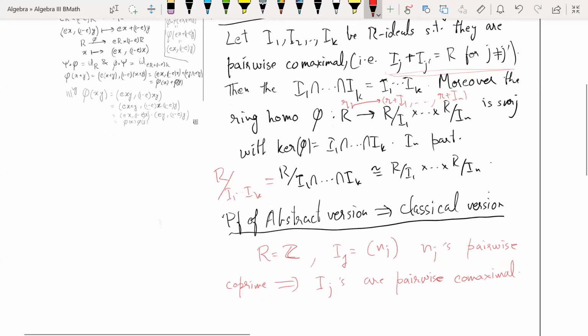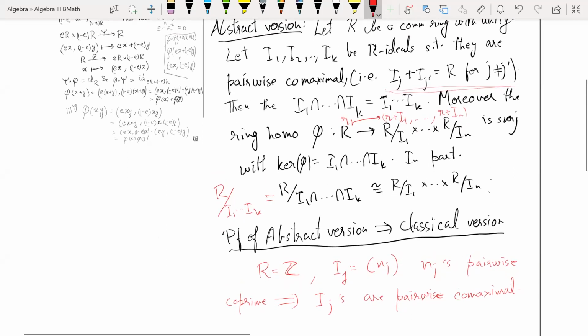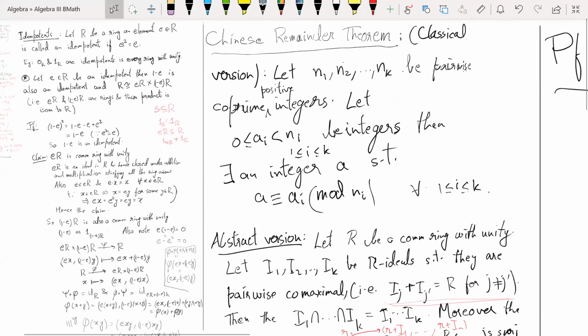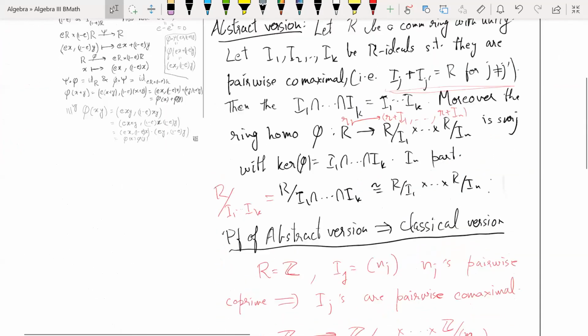So by the abstract version, we know that there is a surjective ring homomorphism from Z to Z mod N1 cross Z mod N2 up to Z mod NK.